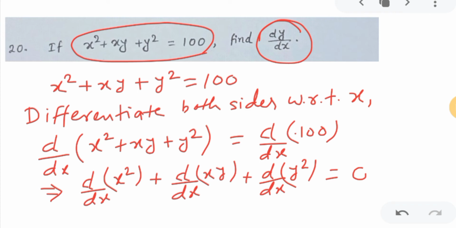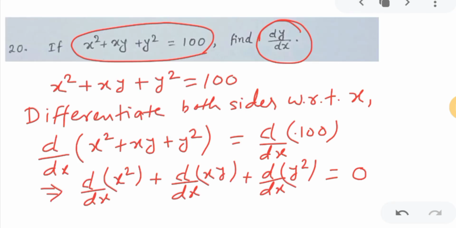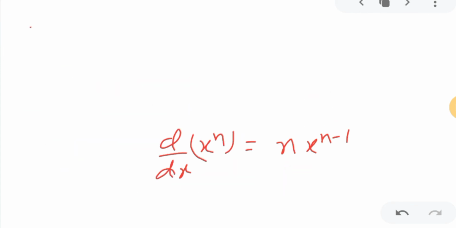So the derivative of 100 with respect to x will be 0. Now I will find the derivatives. For x square, using the basic formula, the derivative of x to the power n is n into x to the power n minus 1, you will write the derivative of x square as 2x. I discussed this many times, correct.